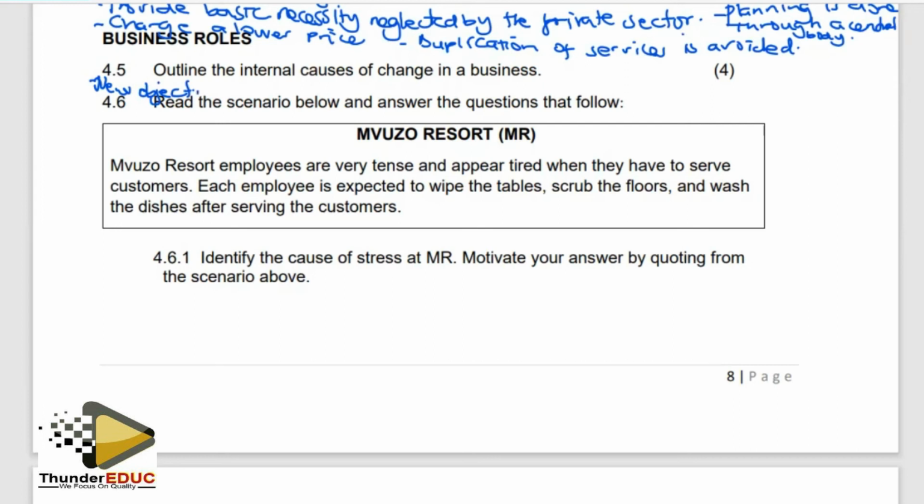Another aspect, when there is a high staff turnover, may cause change in the business. Sometimes a business faces a situation where employees keep leaving.